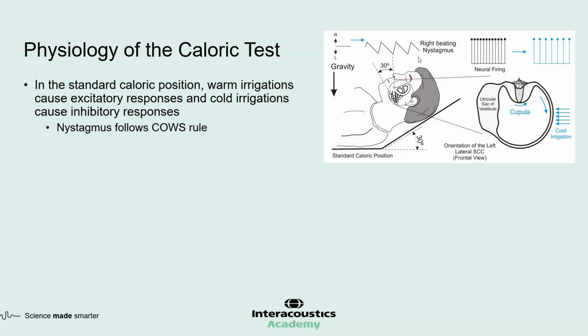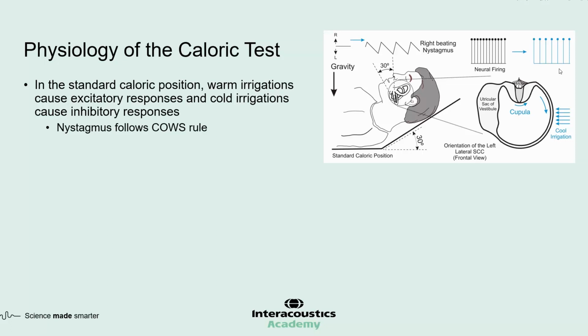Now, if you irrigate the ear with a cool temperature, this time the endolymph will get heavier, will sink, and will pull the cupula behind it. This type of cupular deflection away from the utricular sac in this position will cause inhibition of the semicircular canal, and the neural firing will decrease.